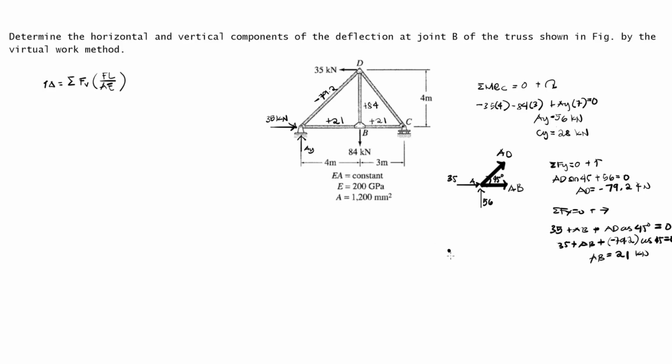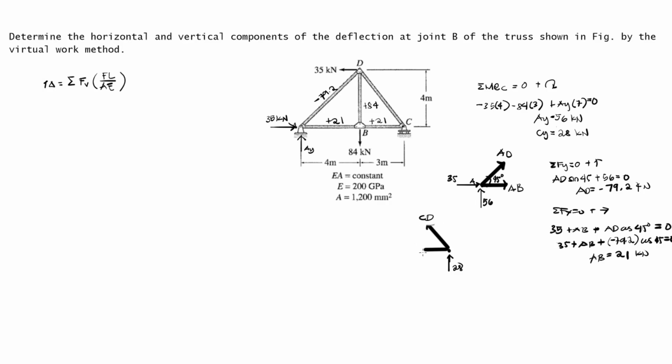So, meron tayong vertical reaction dito na CY that is equal to 28 kilonewton. And then, we have here the member force. Okay? So, ito yung ating DC or CD.